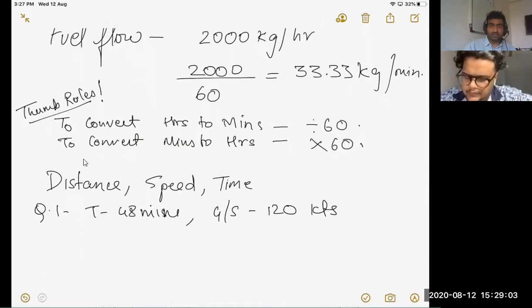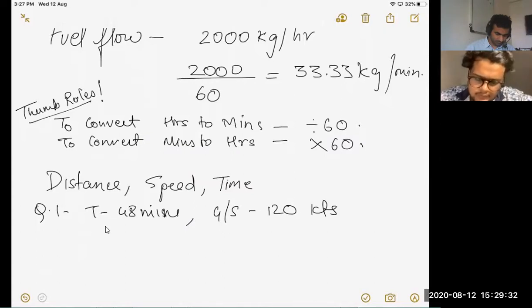I was telling you there is another way. Go back to distance, speed, and time. When you are adding duration, if you keep pressing it, it will change its unit. Okay, set units.